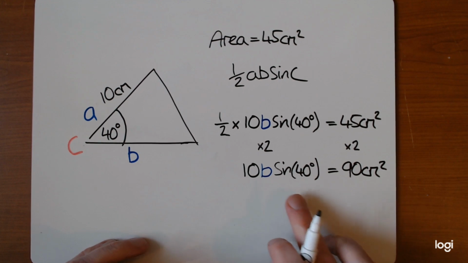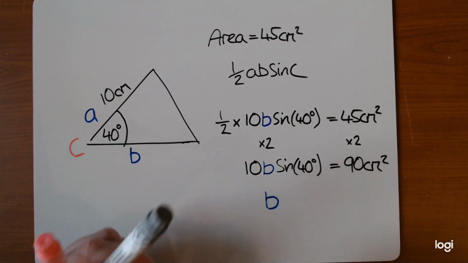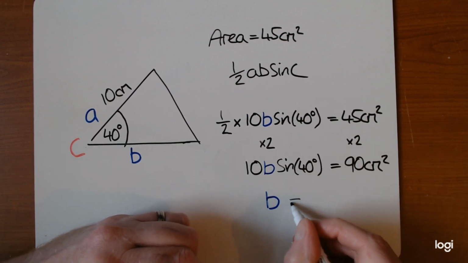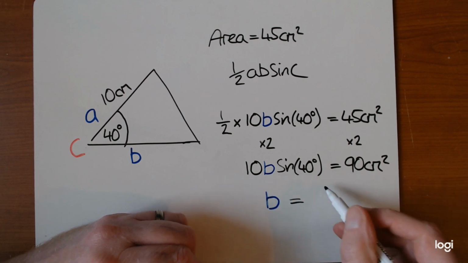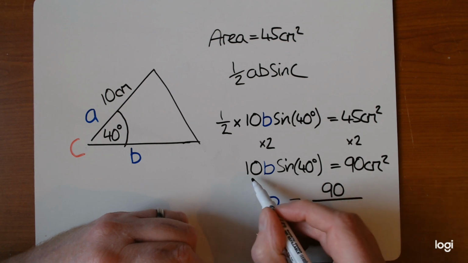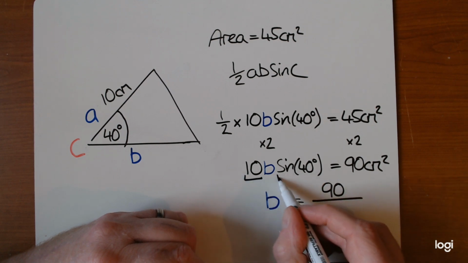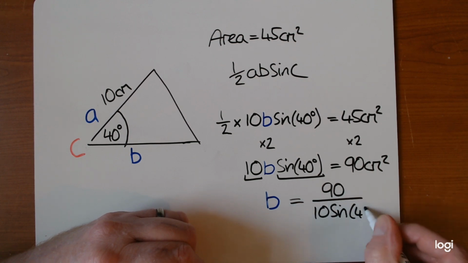Now we're going to try and work out what B is. So what you can do is put B equals, and now we're going to divide this side by 10 sine 40. So you put 90 over, and all this lot is a denominator, 10 sine 40.